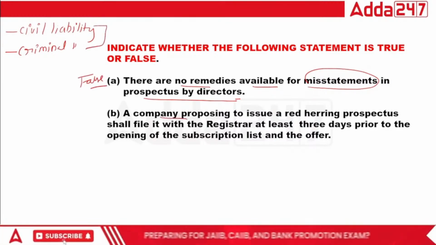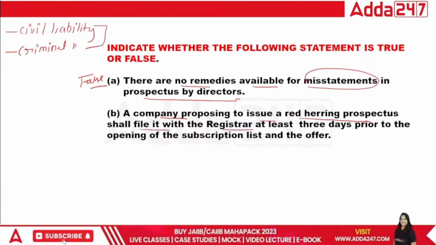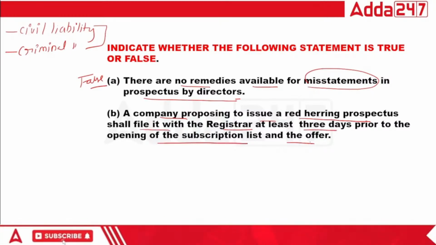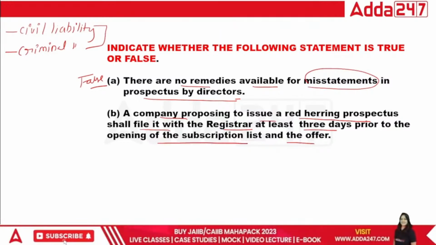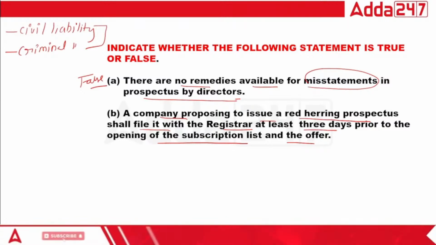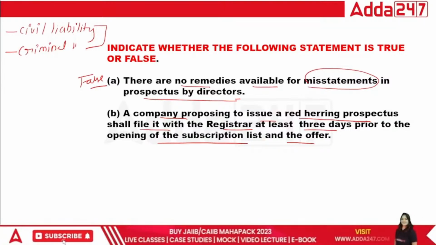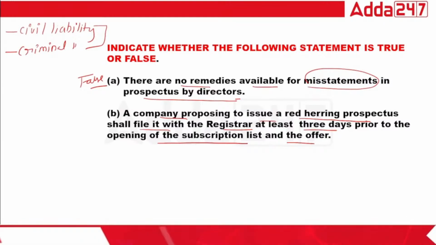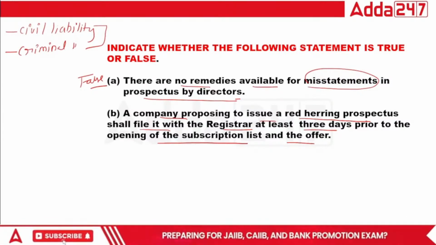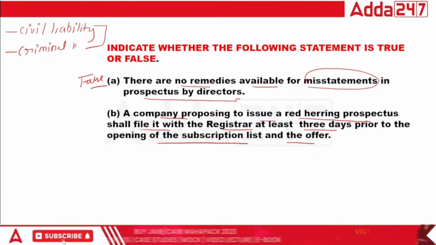A company proposing to issue a red herring prospectus shall file it with the registrar at least 3 days prior to the opening of the subscription list and the offer.